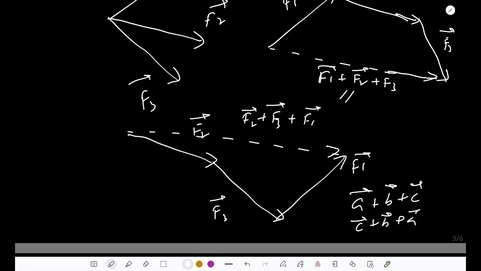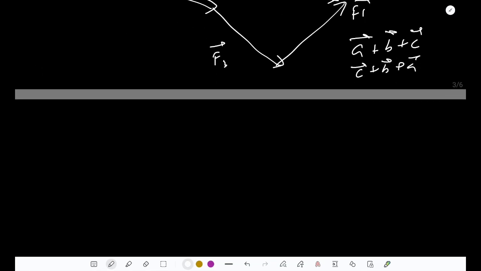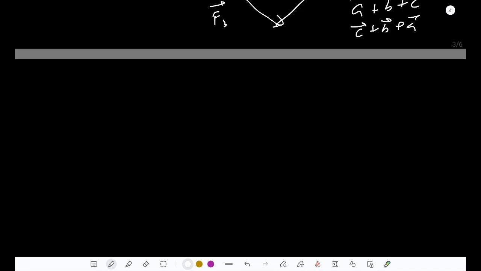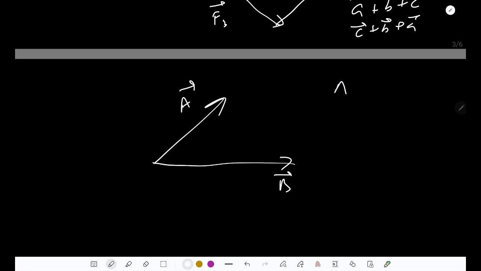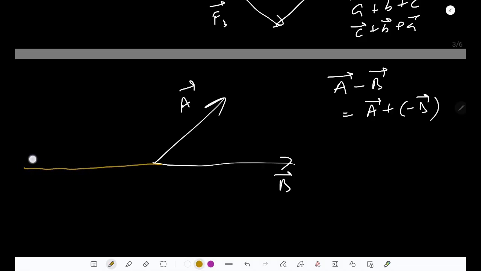What is a vector subtraction? In fact, it is nothing. It is something like you want to add two vectors, like this one is vector A and this one is vector B, and you need to find vector A minus vector B, and that is of course A plus minus B. So just draw your minus B. Minus B will be like this, of the same length but in opposite direction.